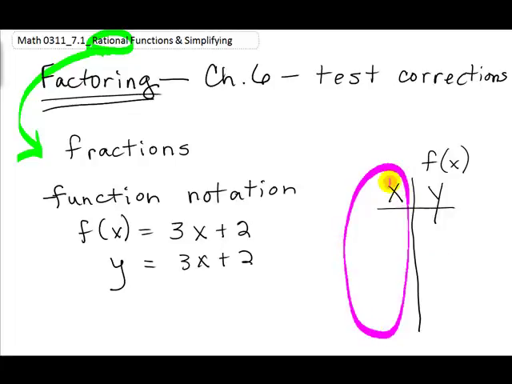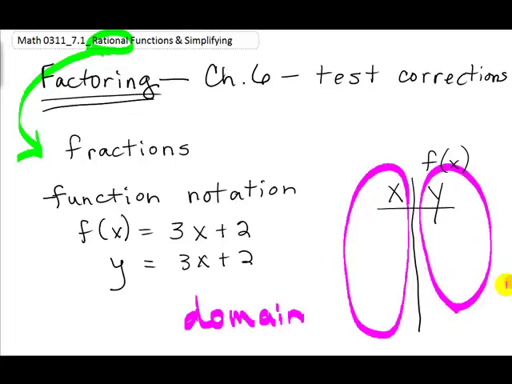Everything here in the x column is called the domain. And everything here, I'm running out of space there, let me erase that, range.